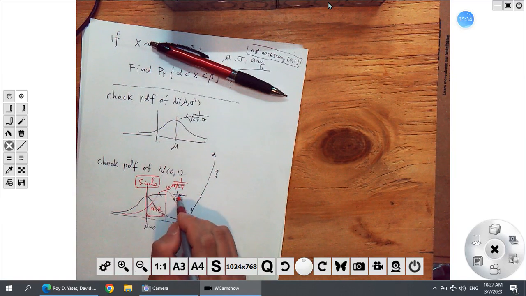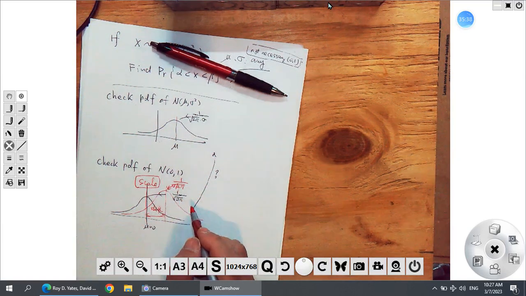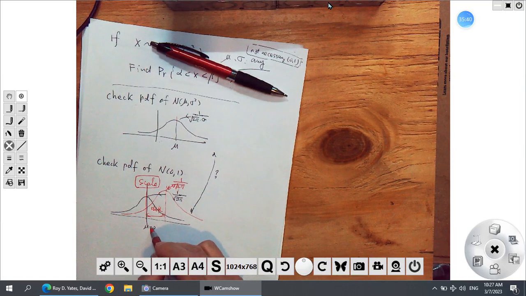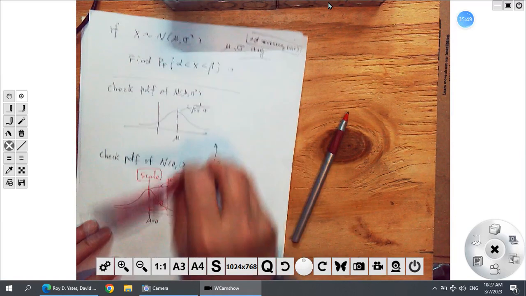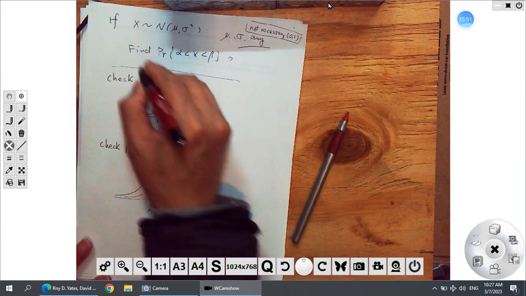You have a shift and you have a scale, and you can also check the formula. But the thing is x. Now x is this one.